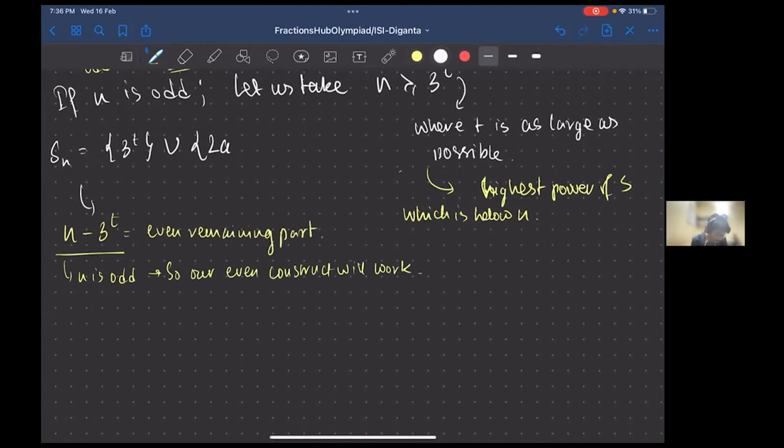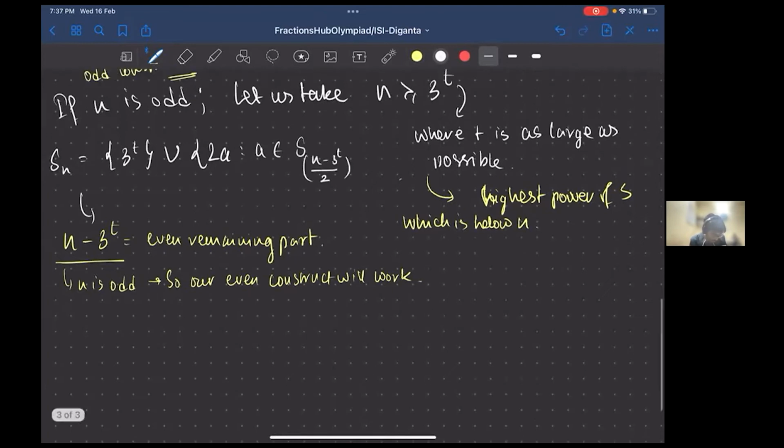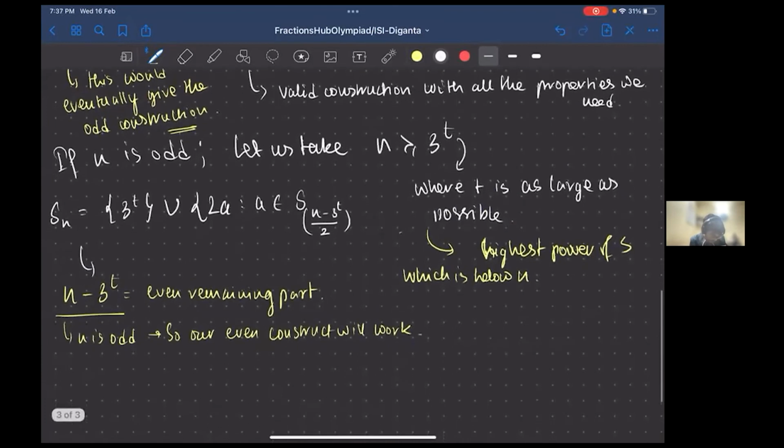So let us get back. So this part is what? Where A belongs to the set S of (n minus 3^t)/2. Let me keep this in brackets.